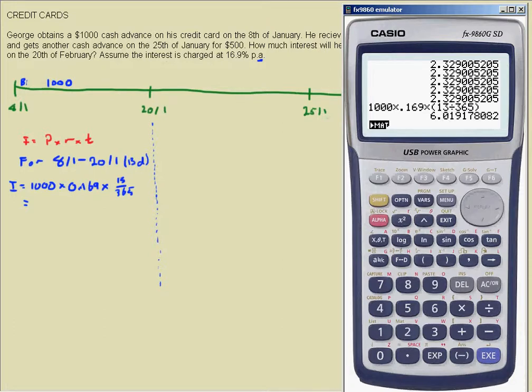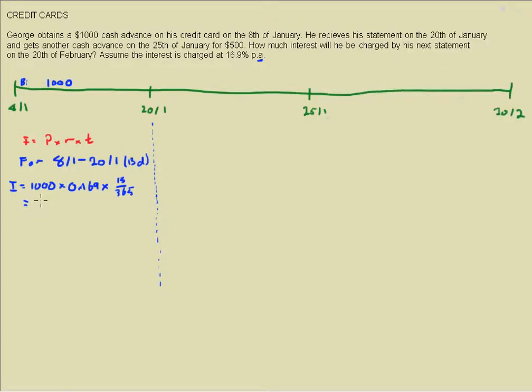So rounding up to the nearest cent is $6.02. So because interest is being calculated daily and charged monthly, since the balance hasn't changed over this period, we work it out as a total of $6.02.